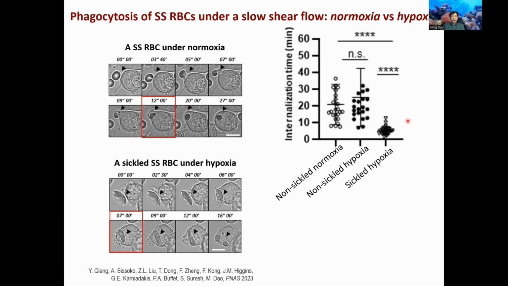If you quantify this, we can see the internalization time for non-sickled normoxia versus non-sickled hypoxia. It's interesting that for those cells that don't sickle under hypoxia, when they're eaten, the internalization speed does not really change that much versus under normoxia.